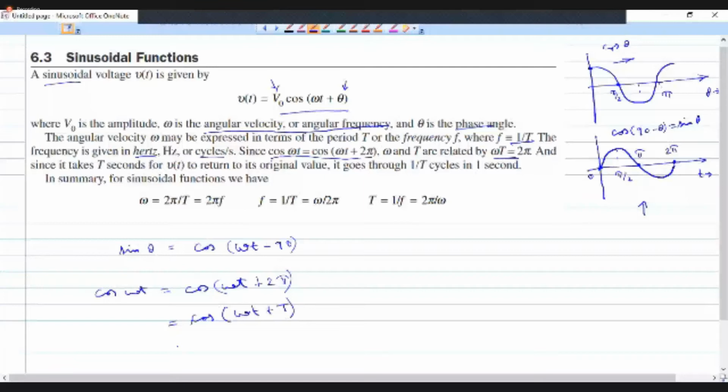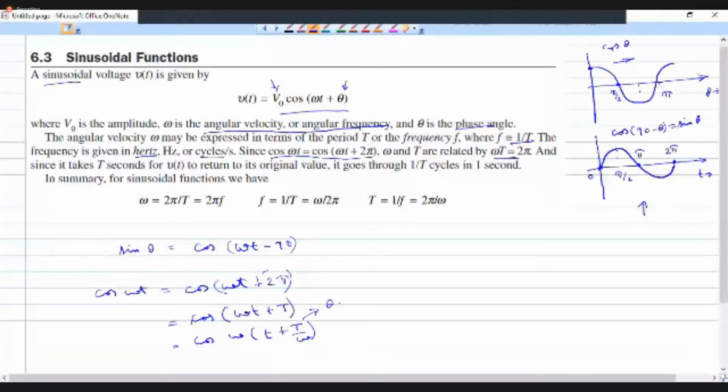So what happens if I take omega out of this function? What I will get is t plus T by omega, right? So what is this? This is nothing but our theta, when we compare it with the general expression cos of omega t plus theta.